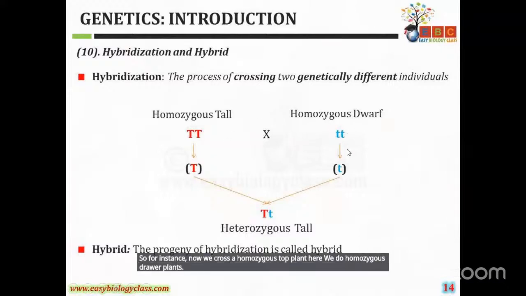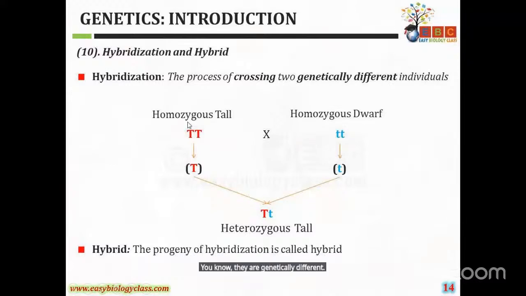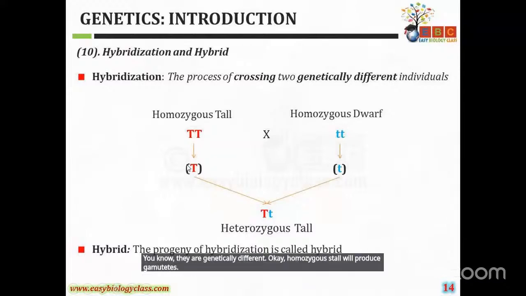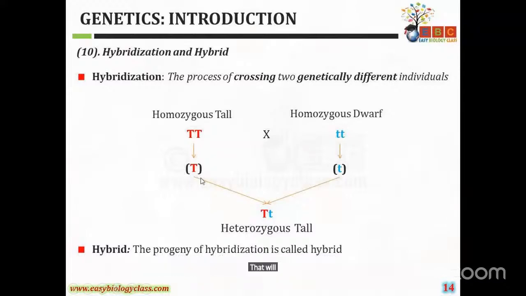You know, they are genetically different. Homozygous tall will produce gametes that will contain capital T, and homozygous dwarf will equally produce gametes that contain small letter t.